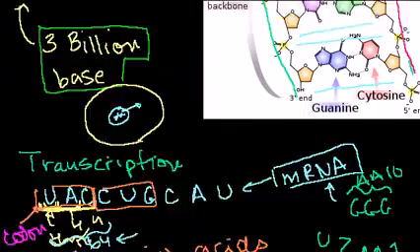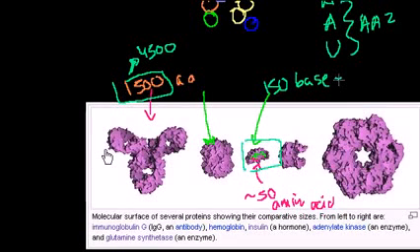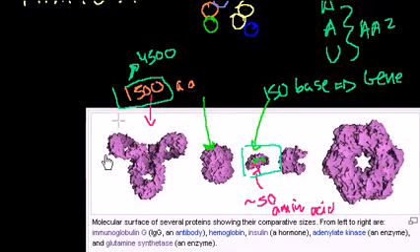These base pairs, let's say the 150 base pairs that coded for insulin, make up a gene. And these 4,500 base pairs make up another gene. Now, not all of the genes make proteins, but all of the proteins are made by genes.